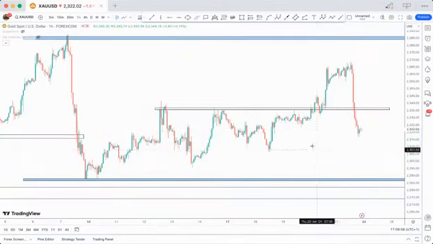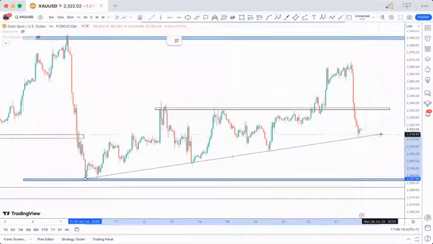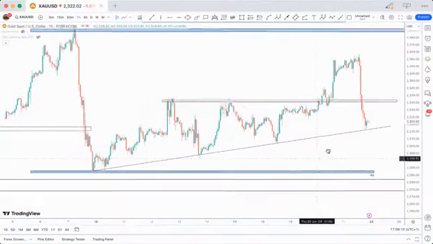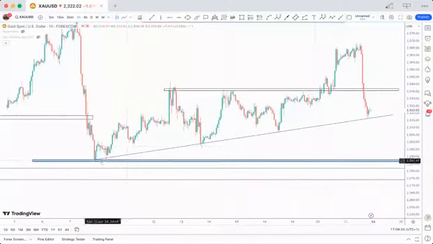So we have to be extremely patient during this moment.